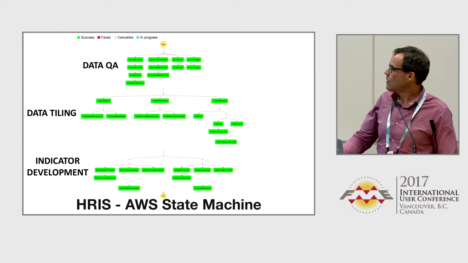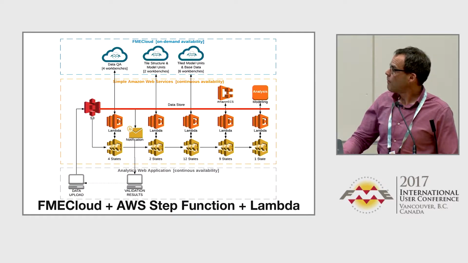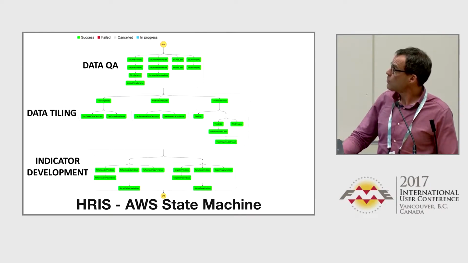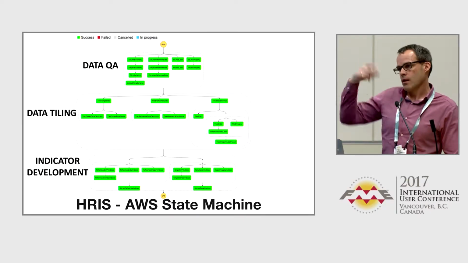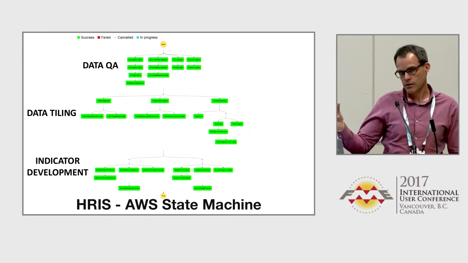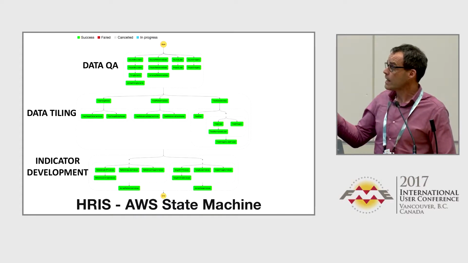The beauty of this is, oops, let me go back here. The beauty of this is each one of these step functions ultimately has a task. It has a resource, and it has a next, or it could be an end.